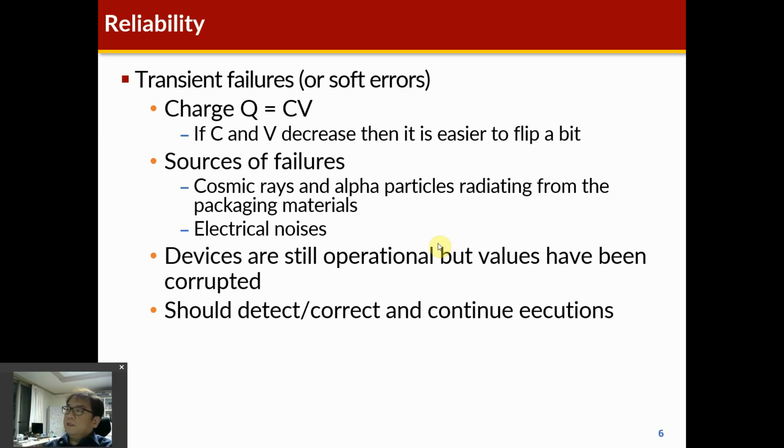The problem is that if some energy is added into this capacitance, then the charge can change on this CMOS circuit. If the charge changes, then the value stored in this CMOS circuit also changes.